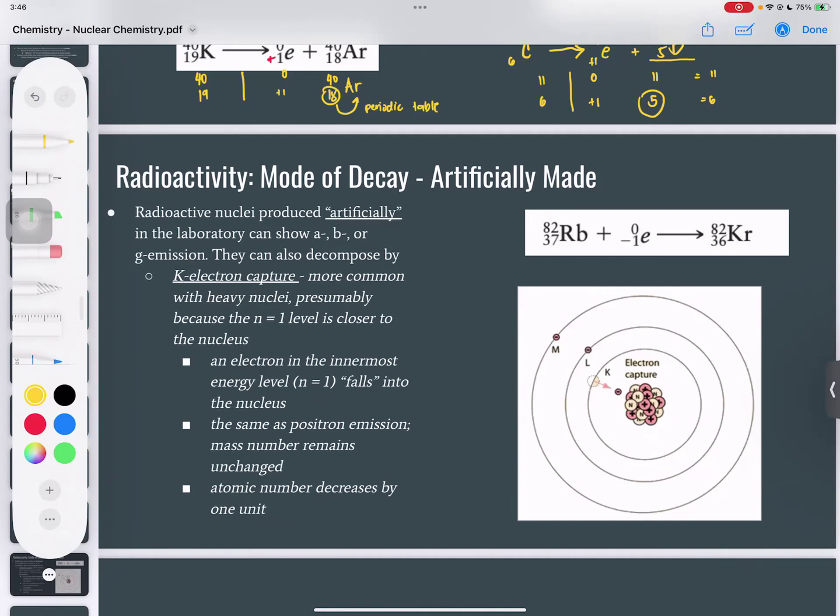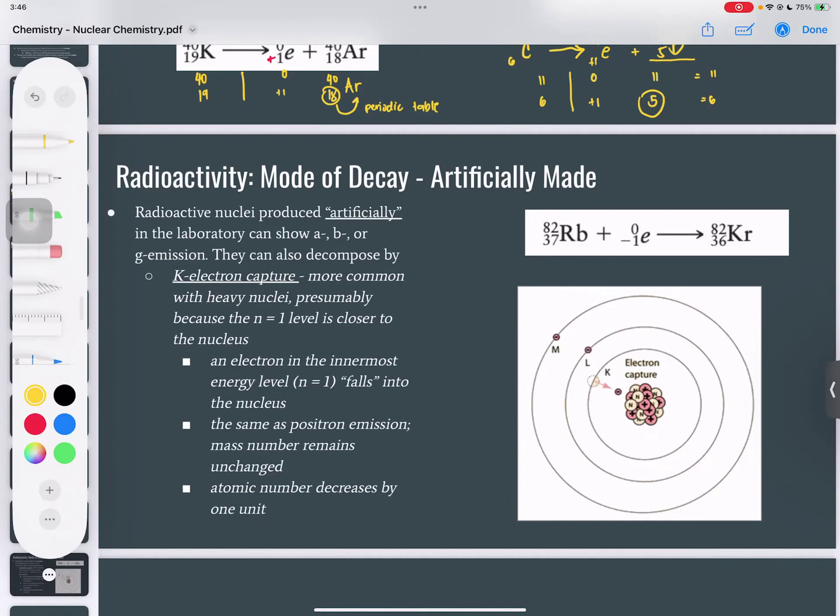So what would happen? In this example, it is the same concept as positron emission. The mass number would not change, but the atomic number would decrease by 1. This mode of decay is common with heavy nuclei because n equals 1 is closer to the nucleus as well.